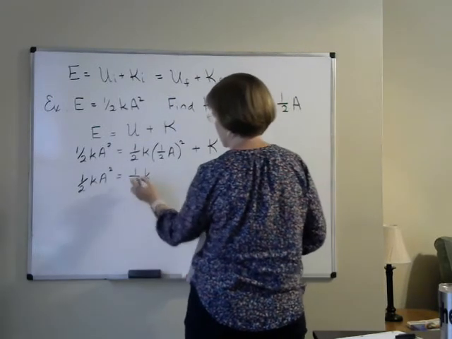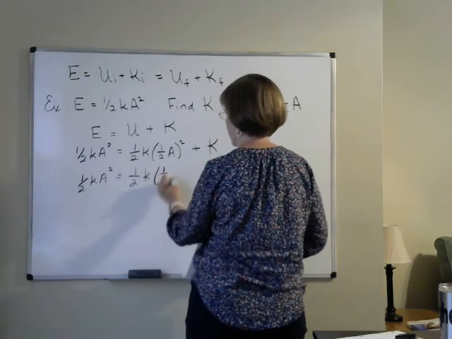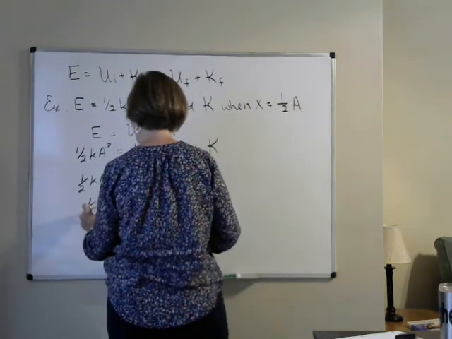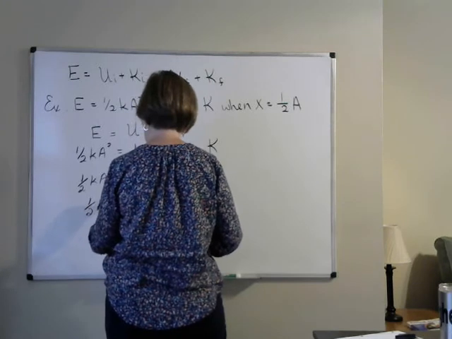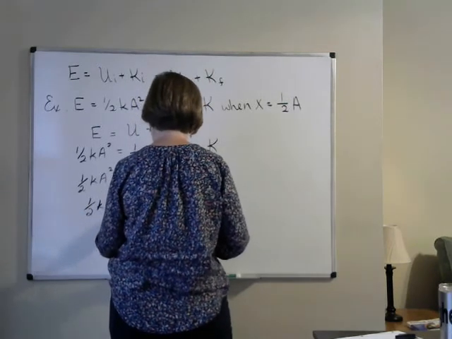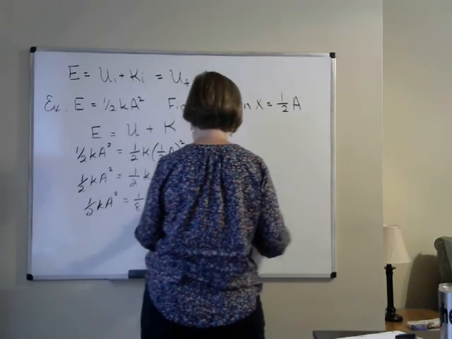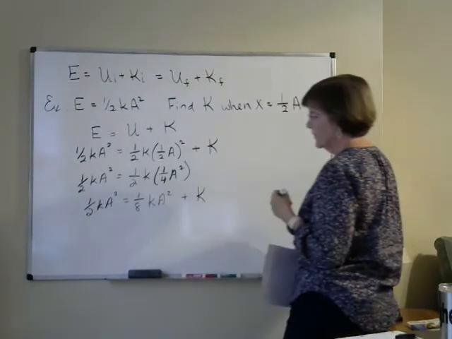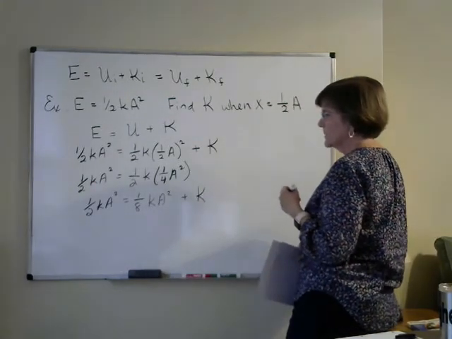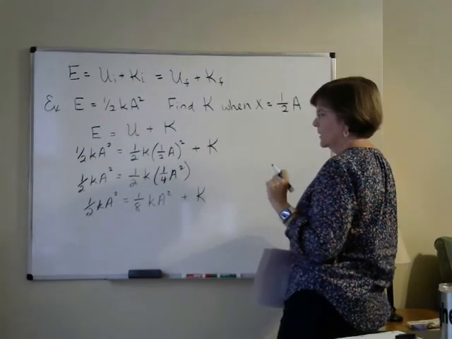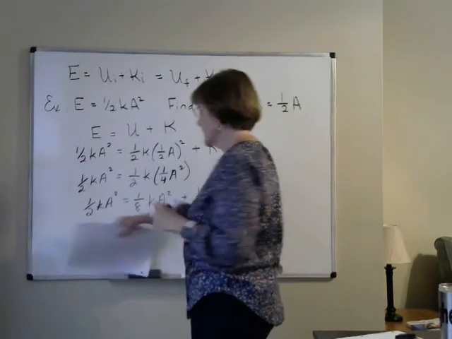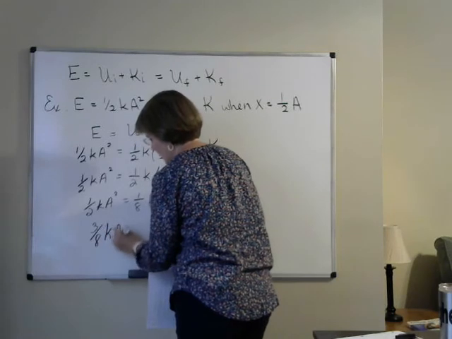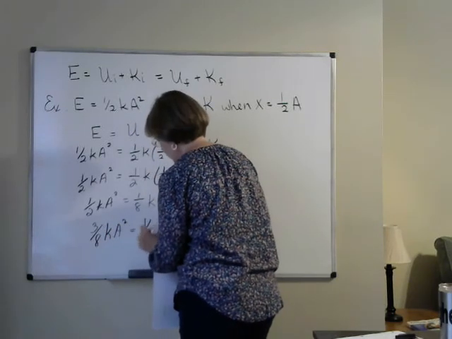I have to square that. Let's go slower. That's 1/4 A squared. So 1/2 kA squared equals 1/8 kA squared plus the kinetic energy. Well, what is 1/2 minus 1/8? That's 3/8 kA squared is equal to the kinetic energy.